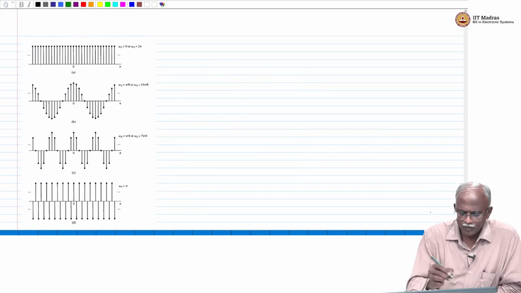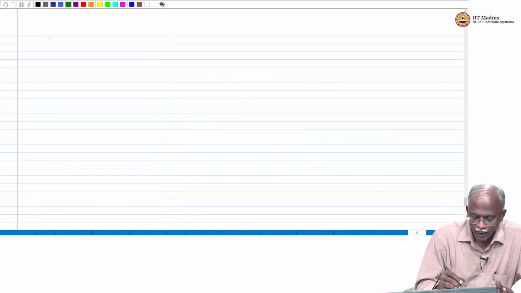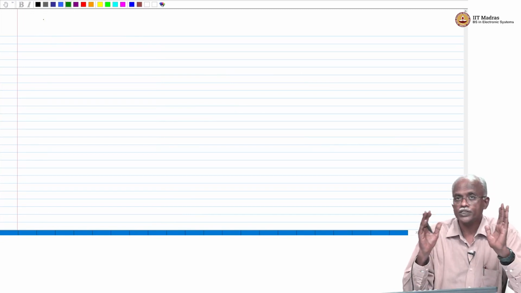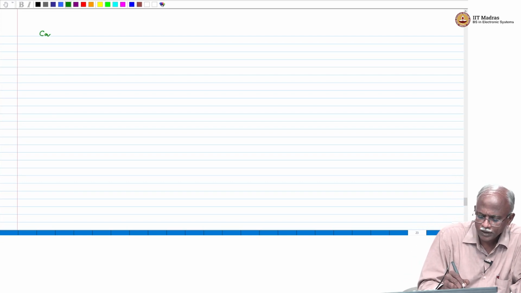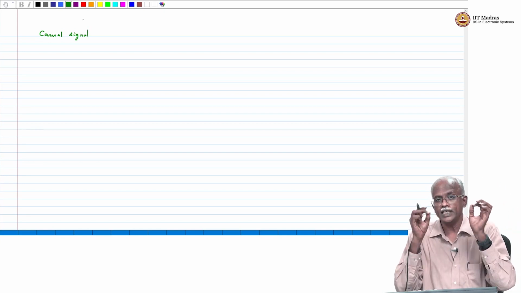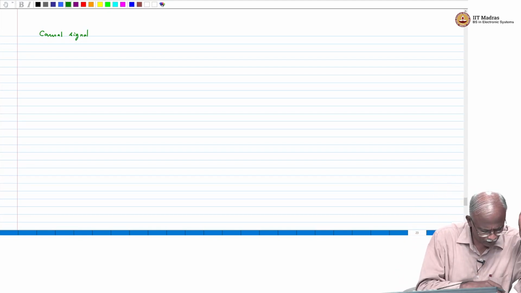Now, there is a very important classification of signals which are known as causal or non-causal signals. So, classification of a causal signal. You have to be very, very precise and careful in applying the definitions that we are talking about.